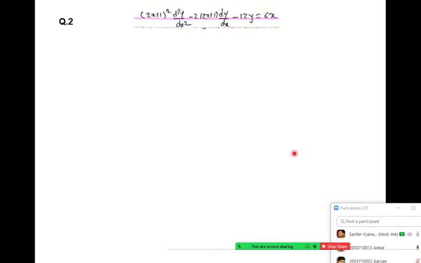C1 e raised to 3x plus C2 e raised to minus x. Again, I think you are saying the answer in x. It should be in terms of z. Okay, so don't make these mistakes. Yes, you require a little time to write in terms of z.